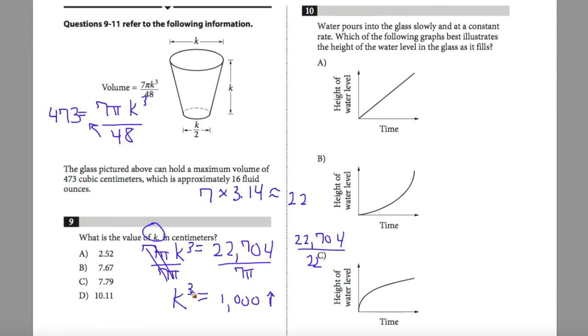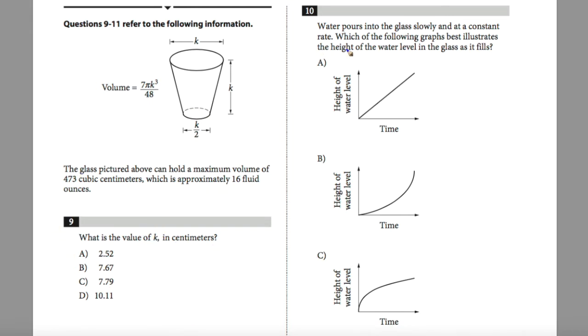Well, K to the third power is going to be greater than 1,000. So I know that my answer is going to be D, which is 10. Remember, I don't have a calculator, so I'm attempting to solve this with the best estimation possible. So 10 times 10 times 10 equals 1,000. If I know that my answer is going to be greater than 1,000 for this value, then D is the best possible answer for number 9.